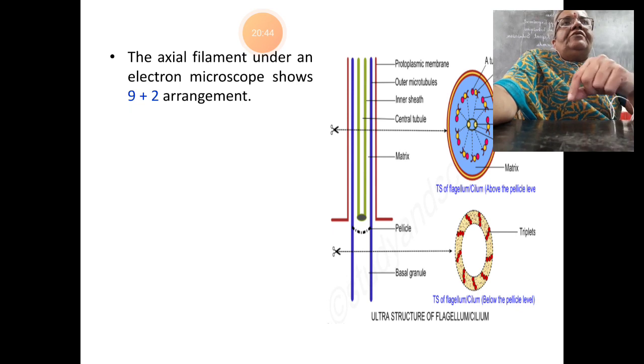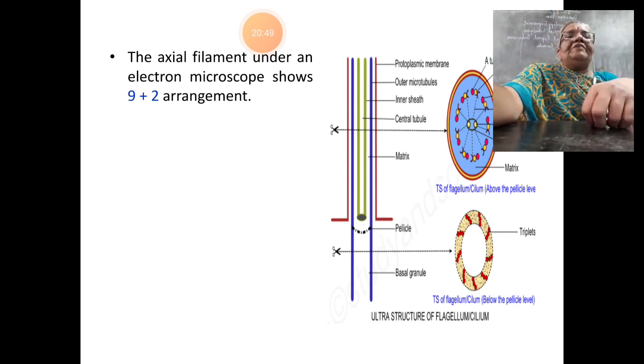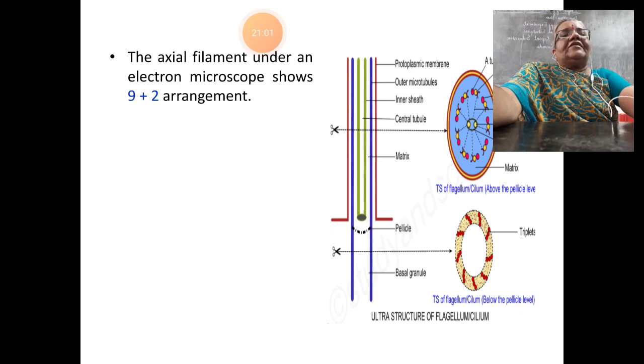So I told you that in the center you find an axial filament or axoneme. This, if you look under an electron microscope, shows a typical 9+2 arrangement. You can just see the cross section here.